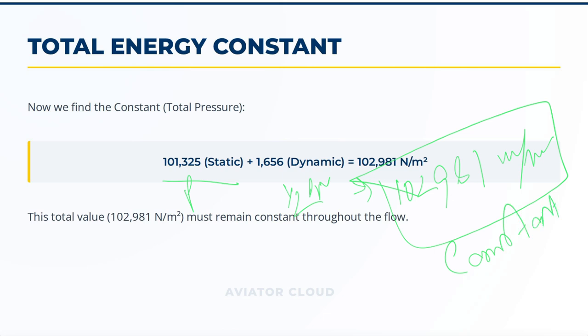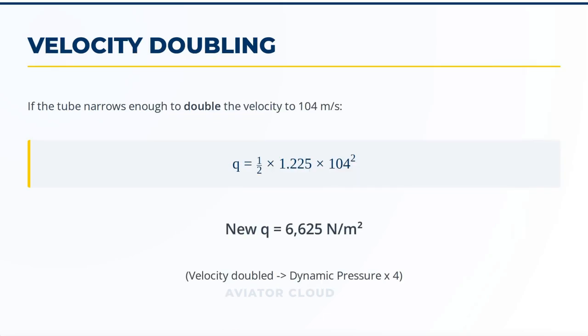Now if the dynamic pressure increases, what will happen? Previous static pressure value was 101325. Now let's say this tube is being narrowed here, A2. So what will happen?